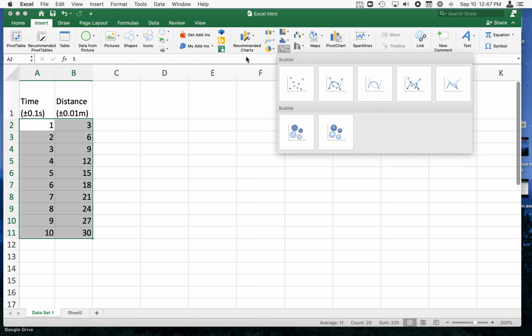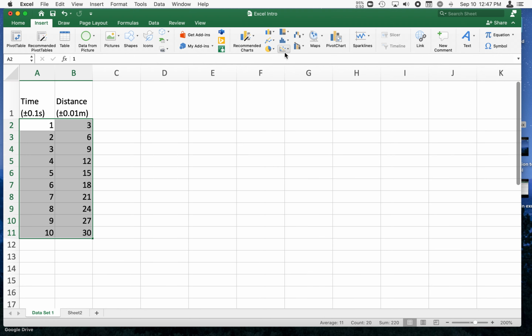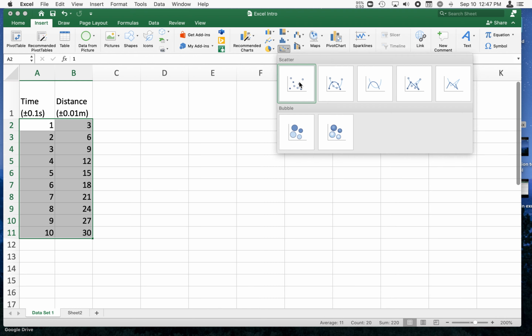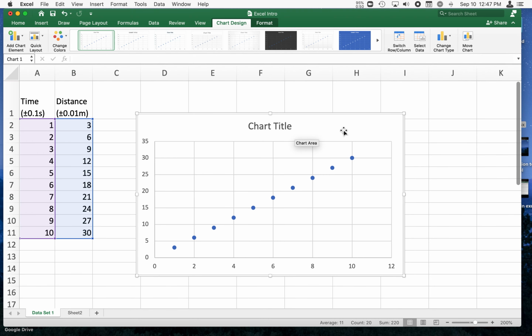And I will tell you if for some crazy reason we're not doing an XY scatter, I will let you know that. Okay? So I click on the one with the little dots, and then the one with the little dots. That's just an XY marked scatter. And that puts this in.